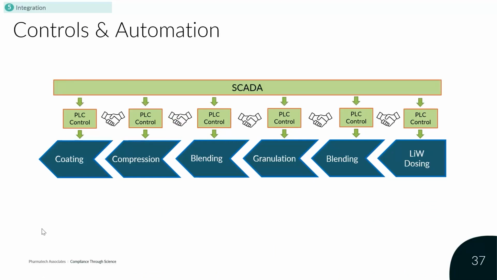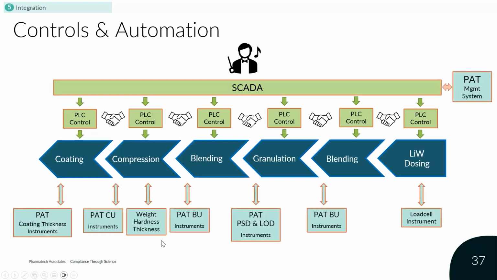The more sophisticated part is then to have a SCADA system which is orchestrating these unit operations on a high level. And some companies call it conductor. The other nice word I heard is maestro, but it's the same idea and the same thing which I wanted to express here, that there is a SCADA system on a higher level, not only coordinating these unit operations, but also consolidating batch information and talking to your PAT management systems.